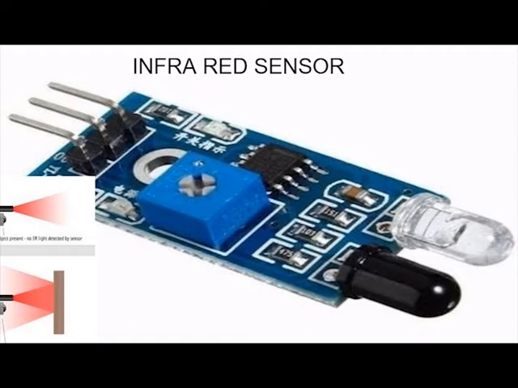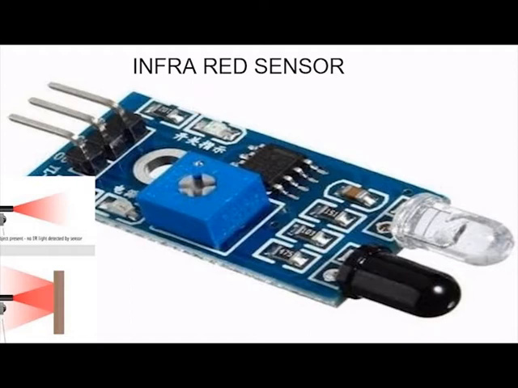The working principle of an IR sensor is based on the reflection by objects. Whenever the infrared ray is reflected by the obstruction and received by the receiver, a voltage level is generated across the terminal.